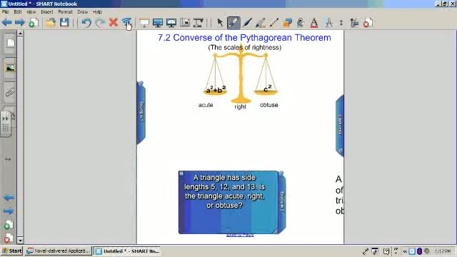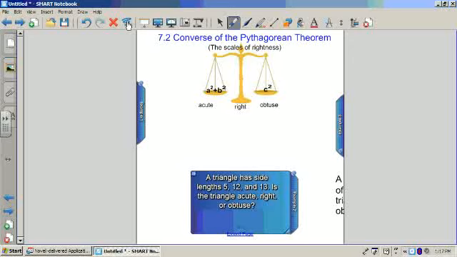Let's look at the next example. A triangle has side lengths 5, 12, and 13. Is it acute, right, or obtuse? Well, a is going to be equal to 5, b is going to be equal to 12, and c is equal to 13 because it's the largest number. c squared, 13 squared, is 169. a squared is 25, b squared is 144. 25 plus 144 is also 169.